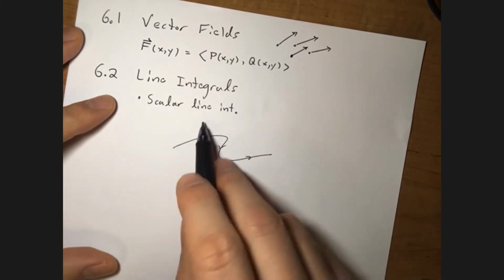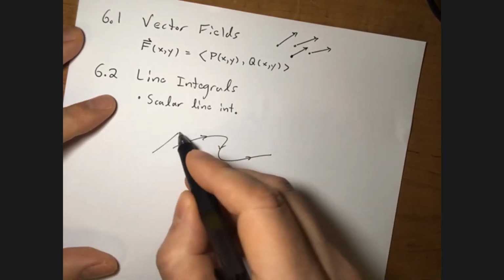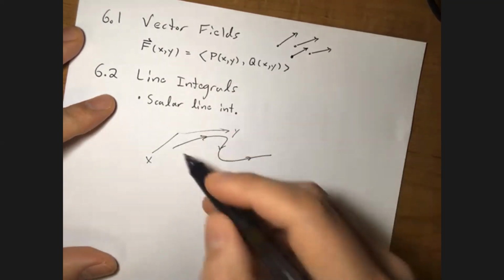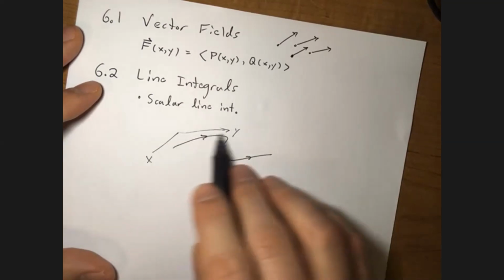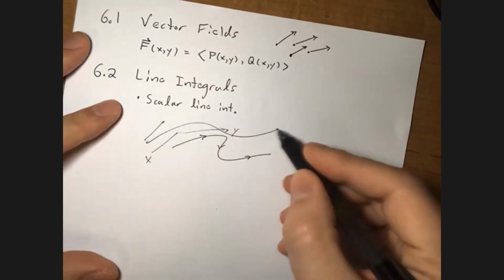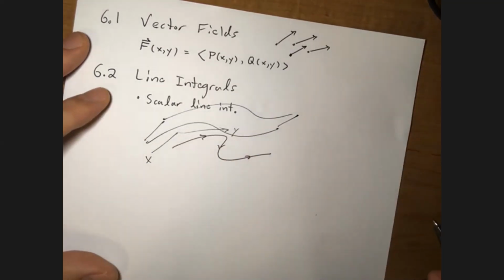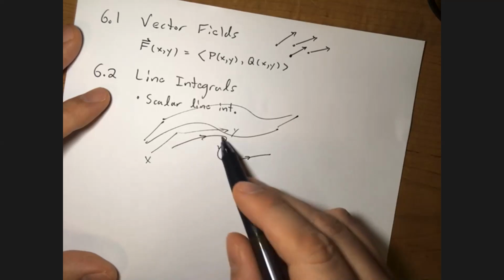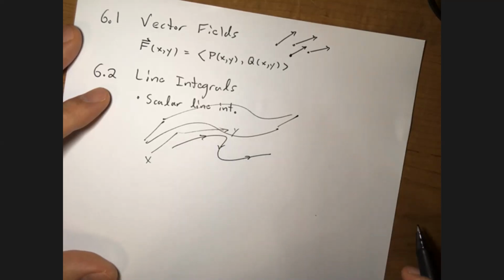Or maybe this curve is in the xy plane, and the function assigns a value to every point in xy. So it's a function of x and y, and its graph would live above the xy plane. If you integrate this function along this curve, that's called a scalar line integral.